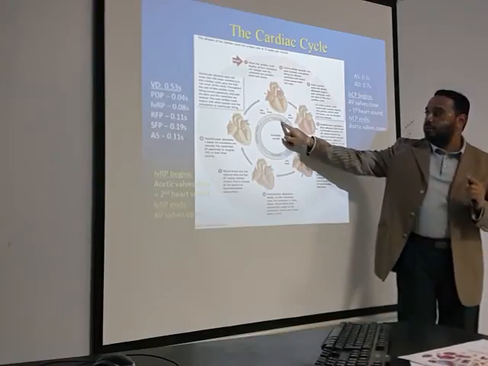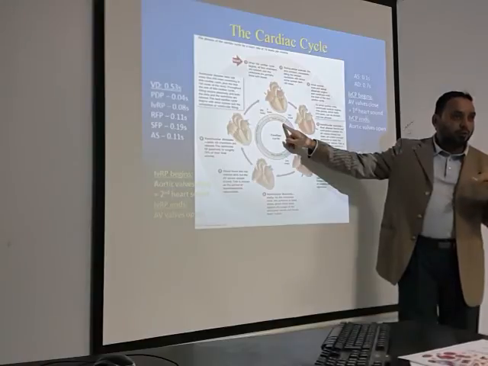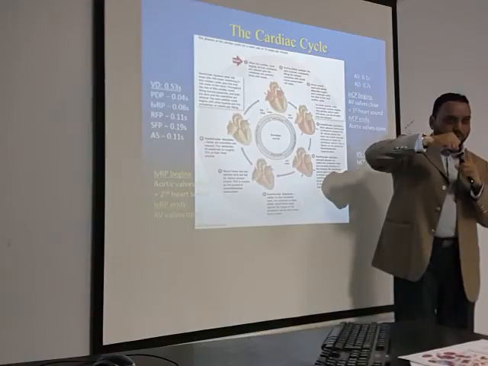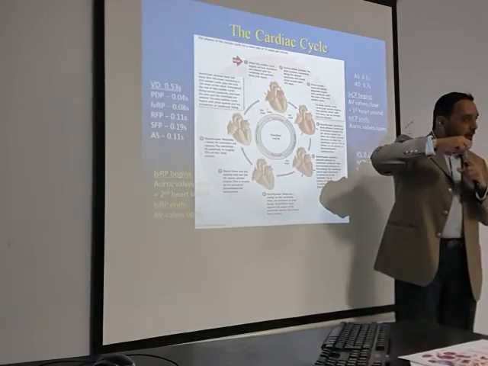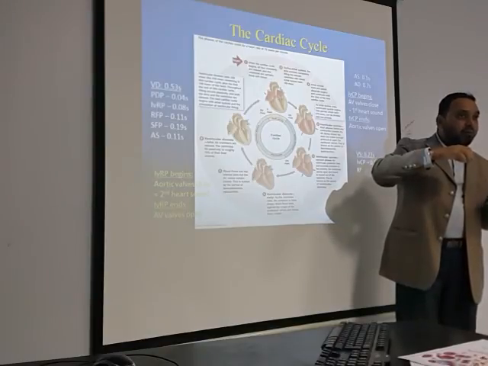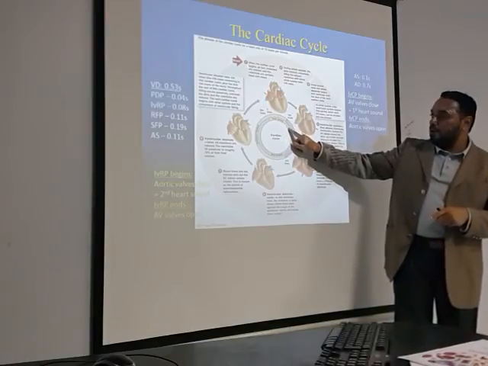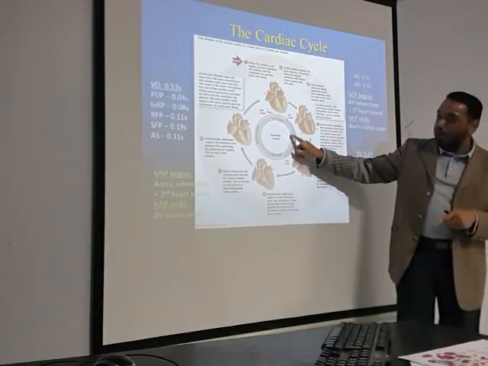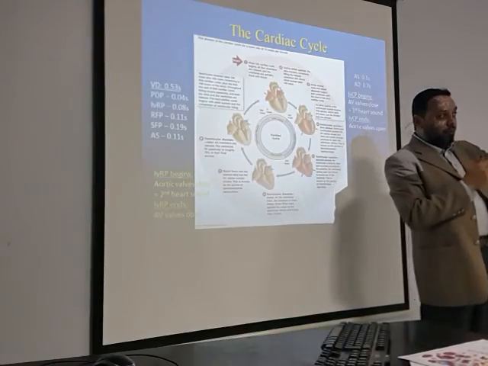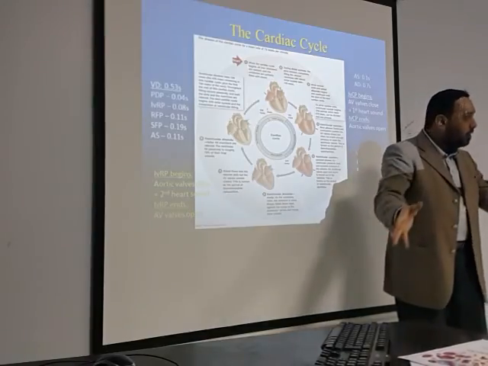When it is finished, two events will start. One is atrial diastole, because the atria have contracted for 0.1 second and will now begin to relax. The event starting in the ventricles is ventricular systole. The cardiac impulse has passed from the atria through the AV node, after the AV nodal delay, into the ventricles.